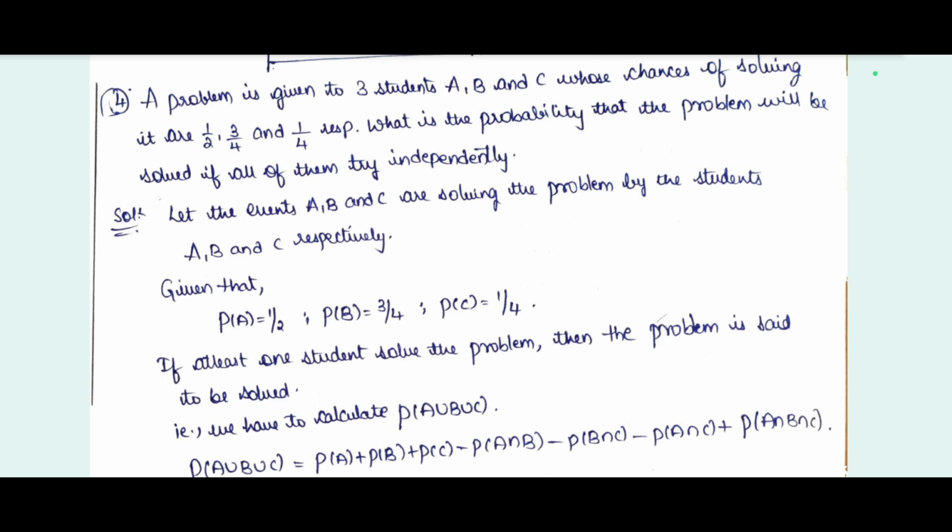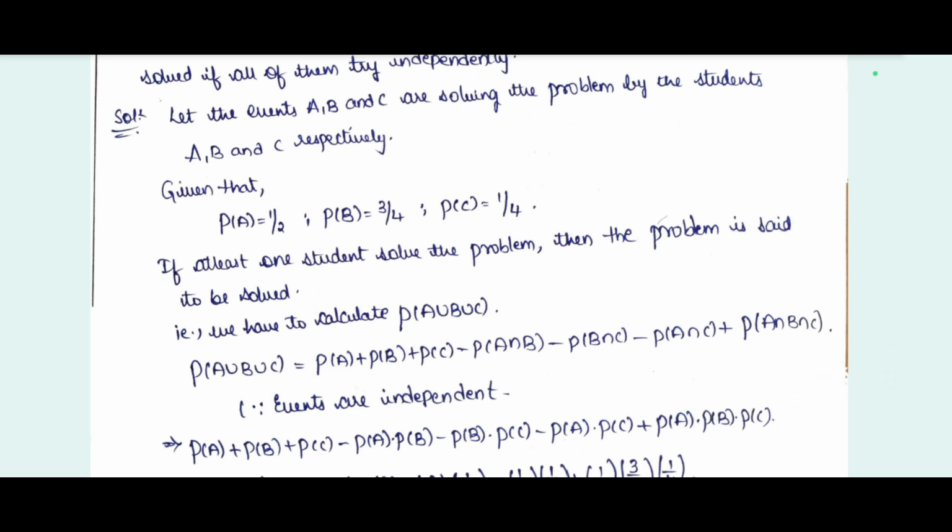Given probability of A is 1 by 2, probability of B is 3 by 4, probability of C is 1 by 4. If at least one student solves the problem, then the problem is said to be solved.